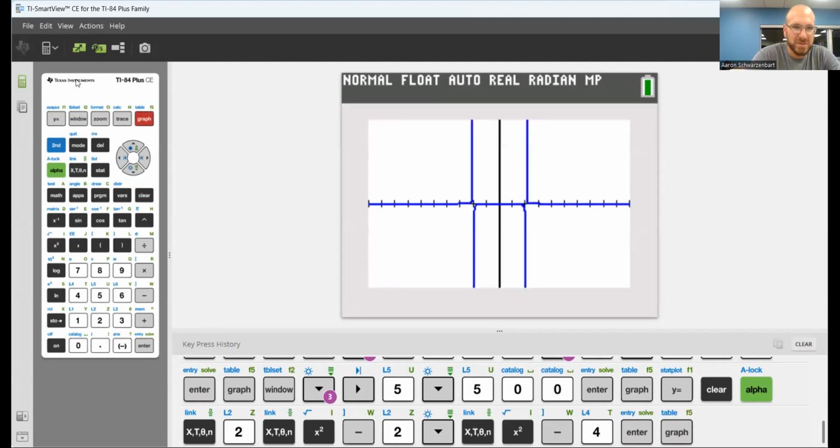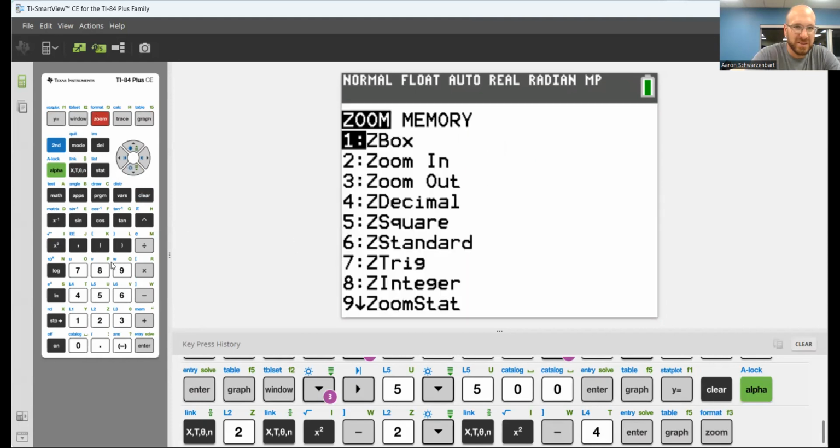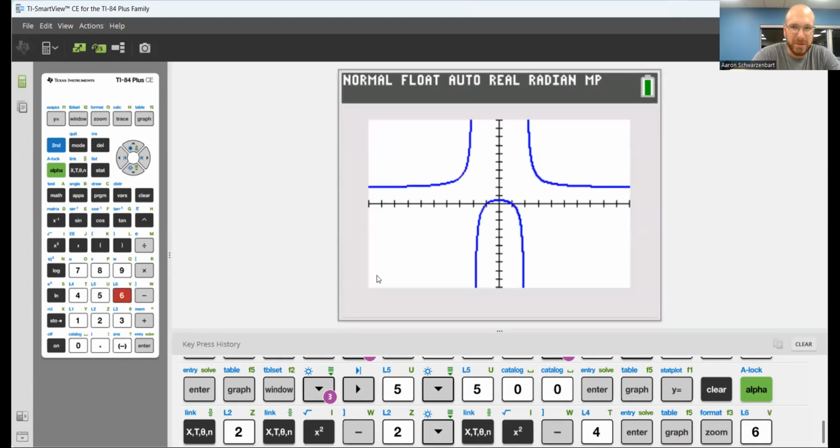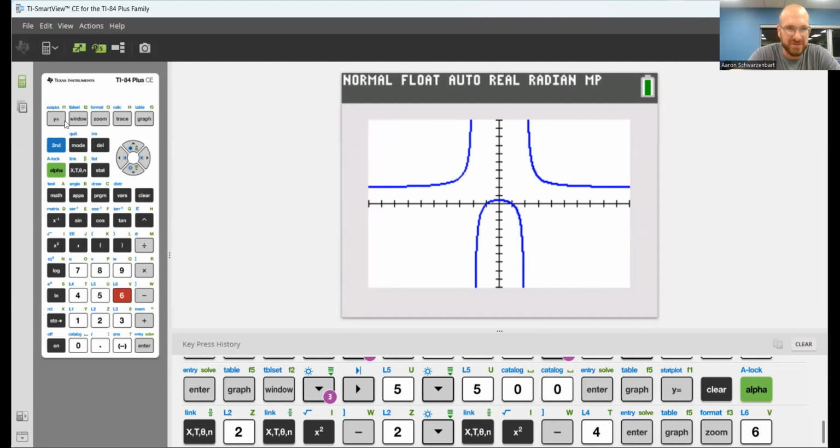Whoa! Oh, I'm not in standard zoom. That's why it's so crowded together. Okay, so I can see this. It appears that it does not cross 2 on the range. These appear to just be coming down. There's nothing weird in this one.